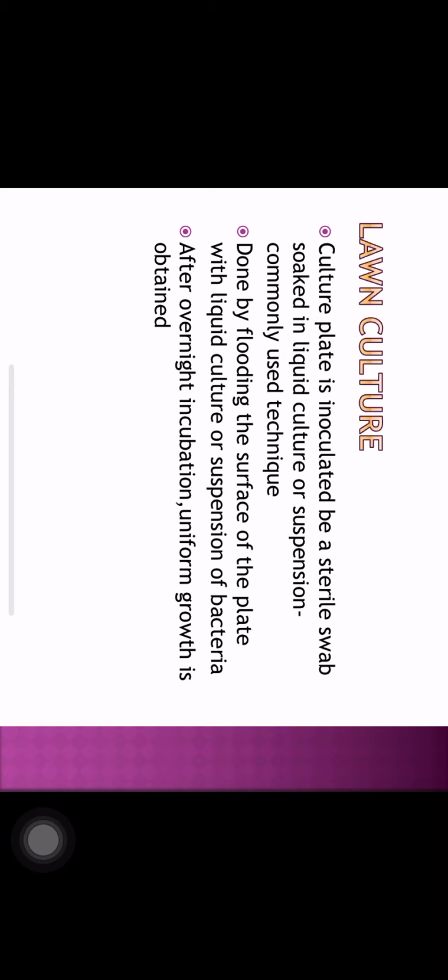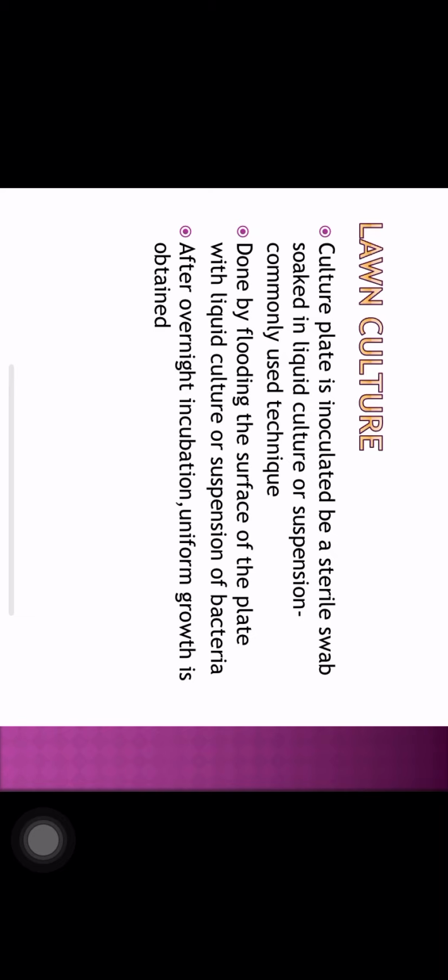Then comes lawn culture. Lawn culture means to prepare a lawn of the bacteria on the petri dish. For preparing a lawn culture, we take a broth of the organism, and we pour that broth on the surface of the medium in the petri dish, and we allow the broth to rotate over the entire surface of the medium.